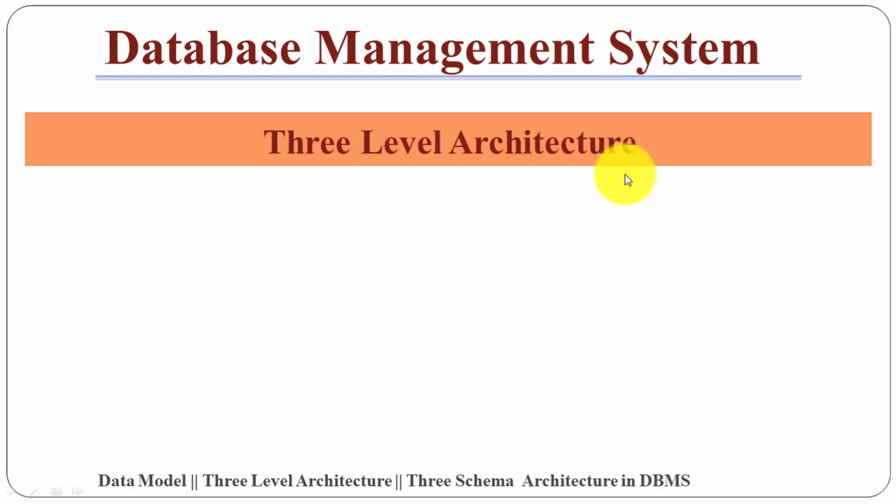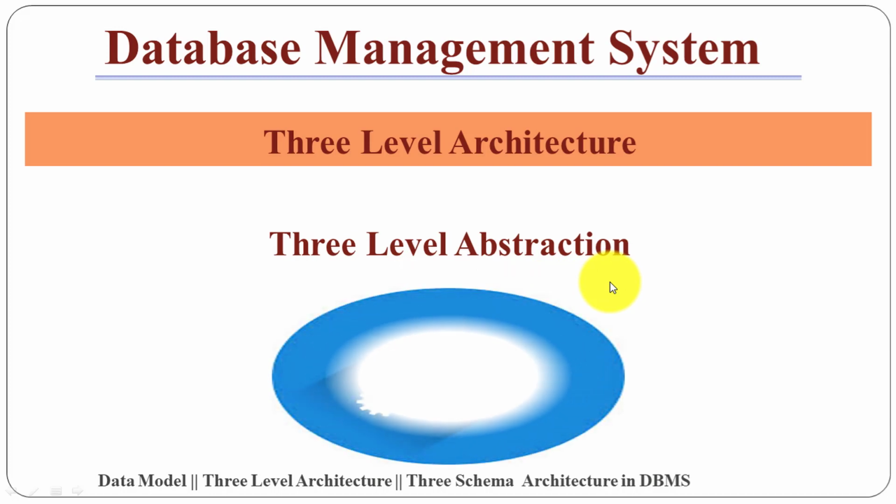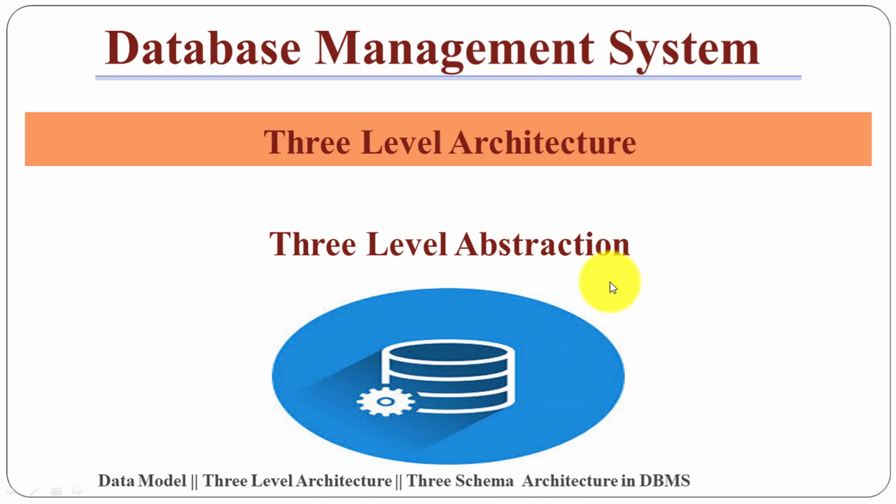In this video, we are going to learn what is three-level architecture, or it is also called three-level abstraction. In the previous video, we discussed what is data schema or data structure. Here, we are going to learn about the three levels of architecture.